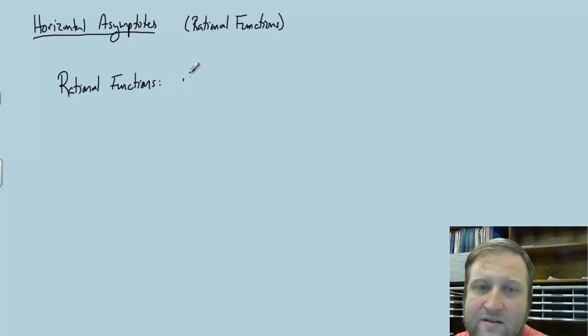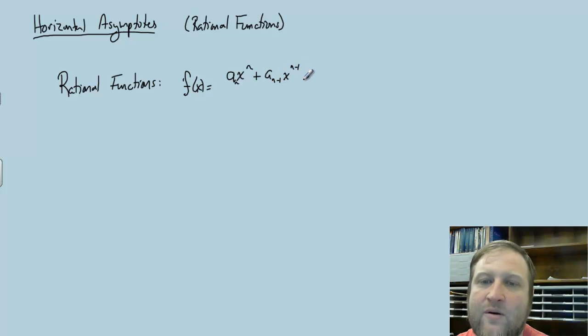So let us say that we have a function f of x. As we defined in prior videos, we have a leading term a sub n x to the nth power, and this continues in a similar fashion: a sub n minus 1 x to the n minus 1 power plus a sub n minus 2 x to the n minus 2 power, and this continues on.